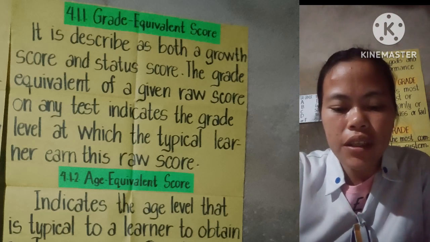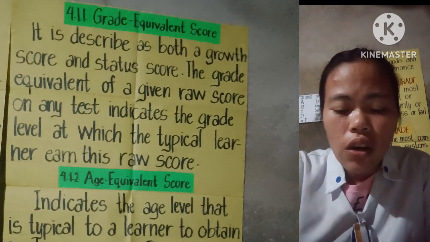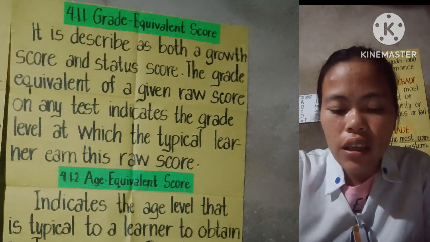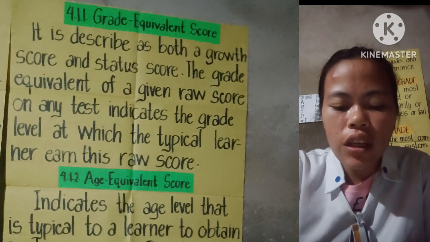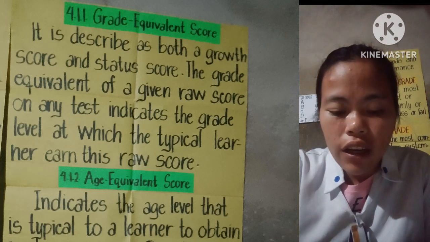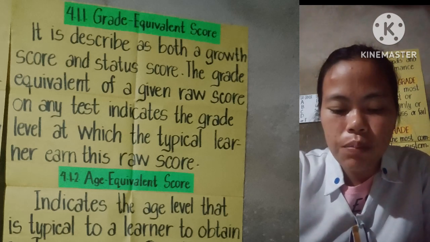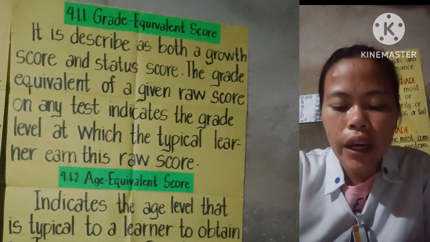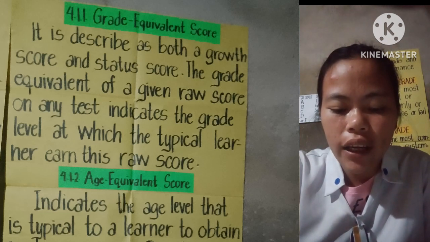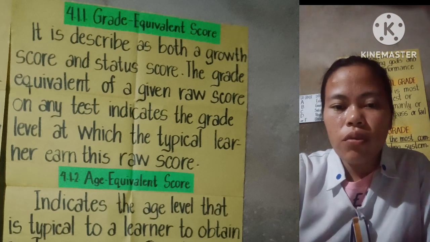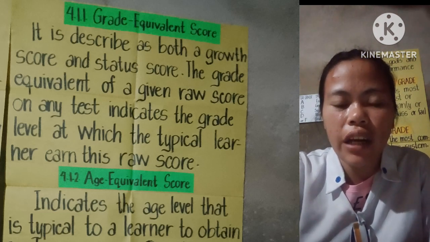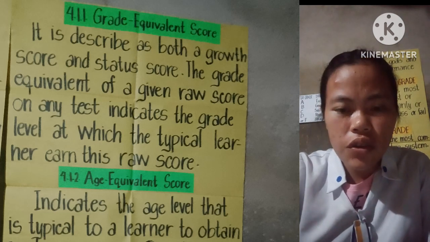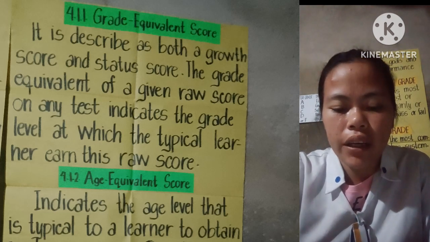So by comparing these grade equivalent scores, we can see that student A is performing slightly above grade level, student B is performing slightly below grade level, and student C is performing well above grade level within the same grade level. So, pareha naman sila grade level, but when you compute the grade equivalent score, dili sila magpari-pareho.